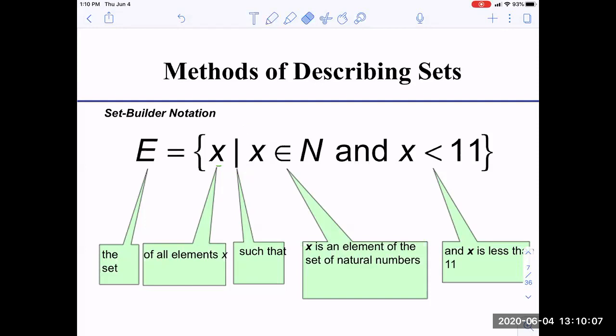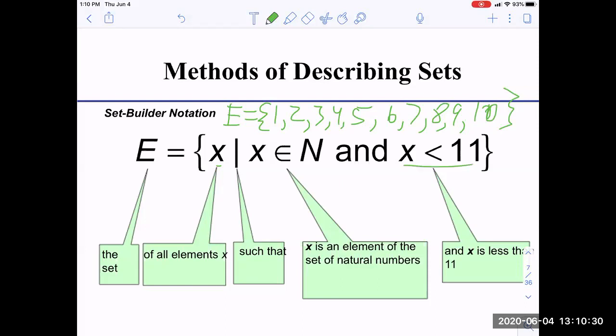We use this notation because it's much more convenient than the roster method. In this case, E would be 1, 2, 3, 4, 5, 6, 7, 8, 9, 10. Those are all the natural numbers that are less than 11.